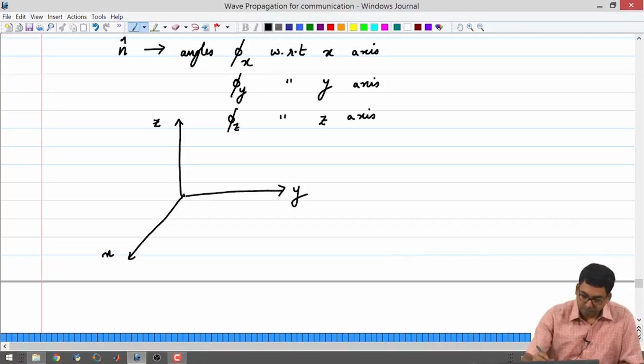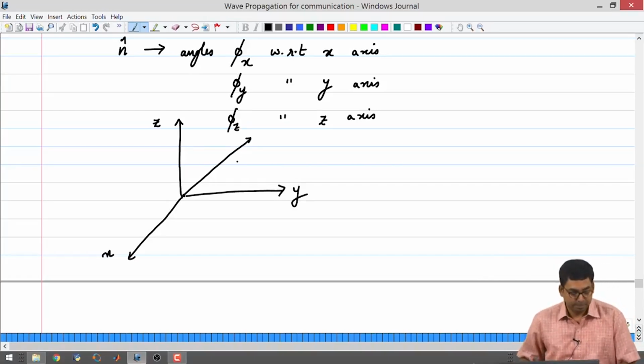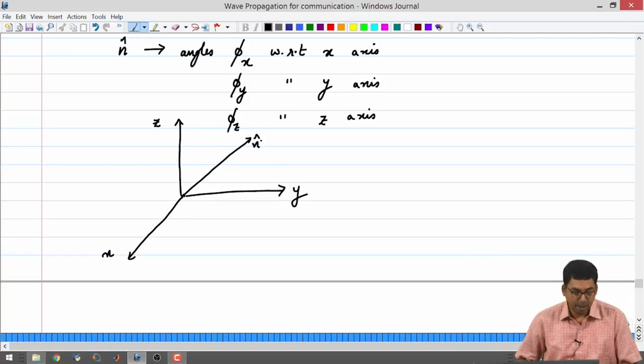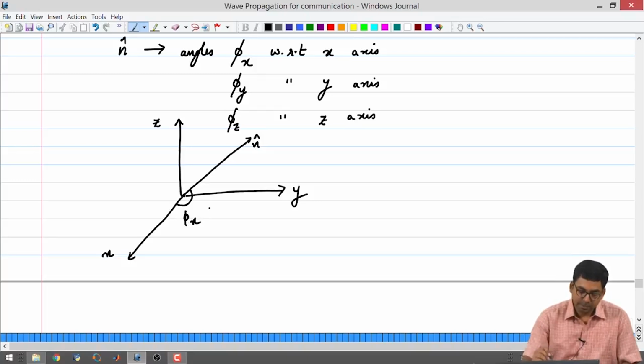So, I am having a direction of travel, say something like this, and I am calling the unit vector n hat. The angle it makes with respect to the x axis, I will call phi x.